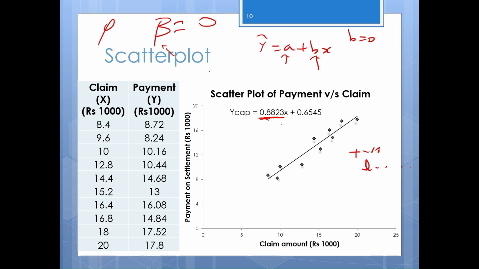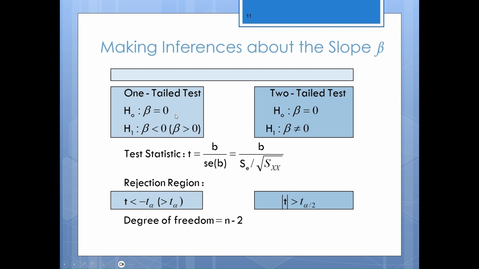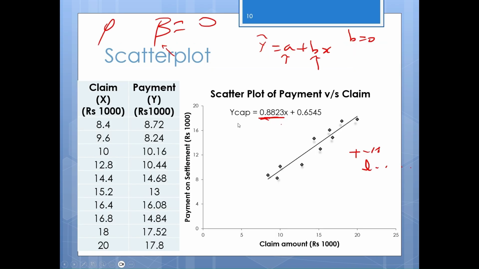This is why you need to do a hypothesis test on beta equal to 0 versus beta not equal to 0, or less than 0, or greater than 0, as I explained earlier. Now, how would you know whether the alternative is greater than 0, less than 0, or not equal to 0? Very simple. Let me give you an example. Is there a significant linear relationship?